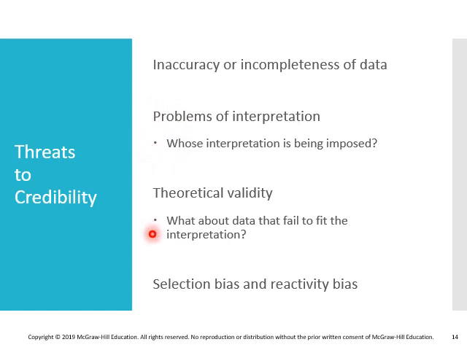Theoretical validity. What about the data that fall outside that interpretation? What if the data doesn't allow the researcher to tell the story that he or she desires to tell? That would not be a good way to do research. Rather, the researcher must honestly and authentically explain the data being collected, what it means from the participant's point of view.